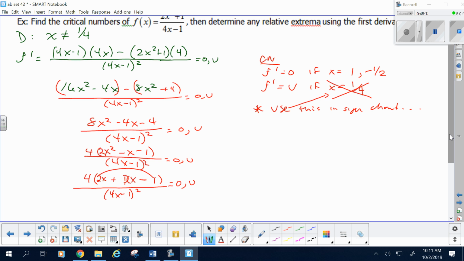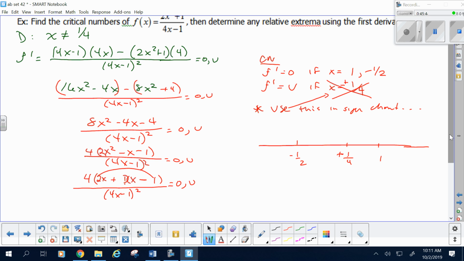So you have to include it in your sign chart for the derivatives. So your interesting points are, what's the least, negative 1/2 or negative 1/4? Negative 1/2, then positive 1/4, then 1. Negative 1/2, 1/4, 1. Are you tracking?